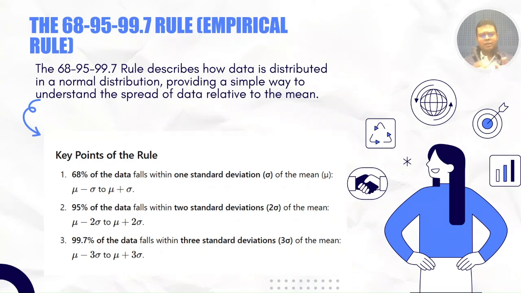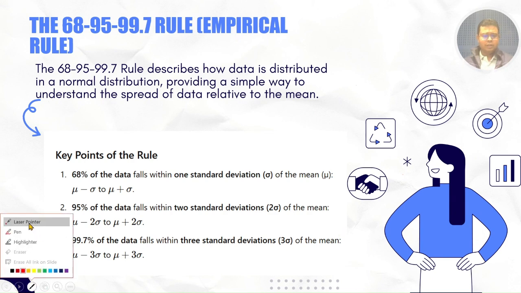There is a rule of thumb, the empirical rule: 68, 95, and 99.7. What is it actually?